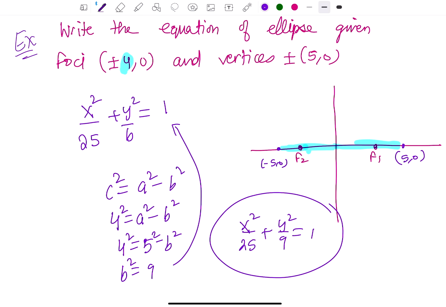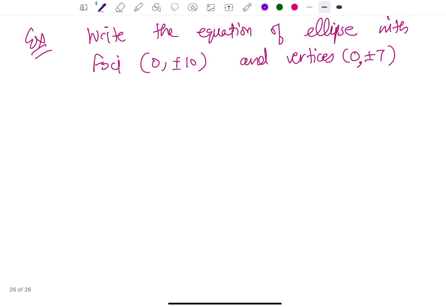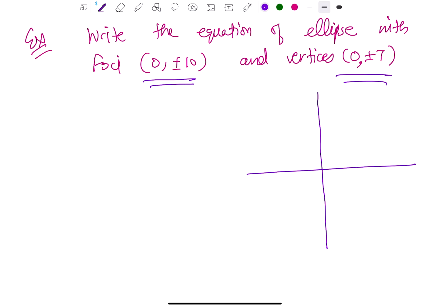Let's see another example of writing the equation of the ellipse. We're given the foci and we're given the vertices. It's very important to go ahead and graph them first to see what your major axis and minor axis are. So foci are plus minus 10, and that's not possible. It's probably square root of 10, because foci have to be inside the ellipse.